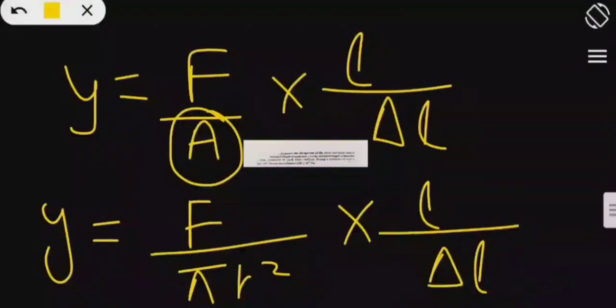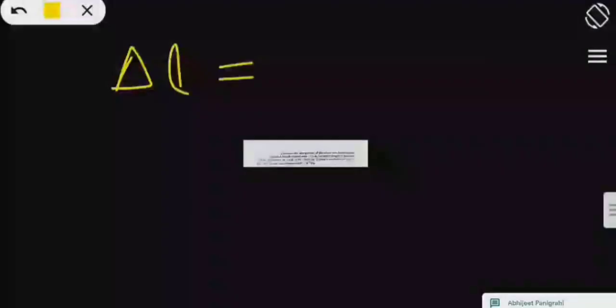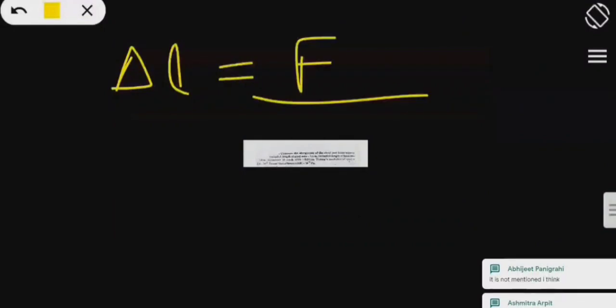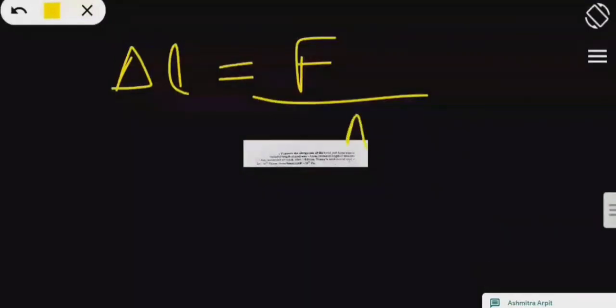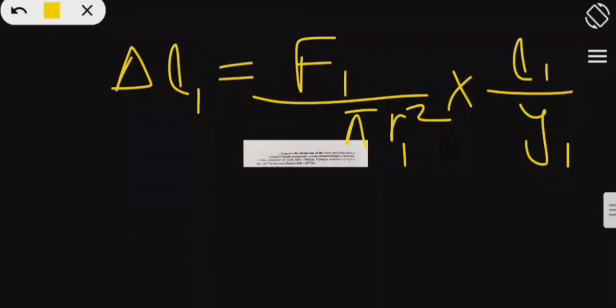Let me write down the formula for delta L. Just by interchanging, delta L is equal to F by pi r square into L by Y. Let me write this as F1, L1, Y1, R1, because we are finding for the steel, so let us represent with 1 each.